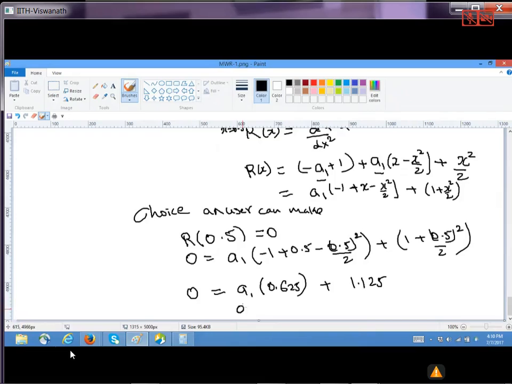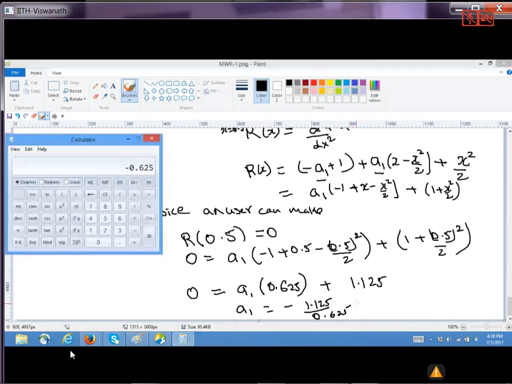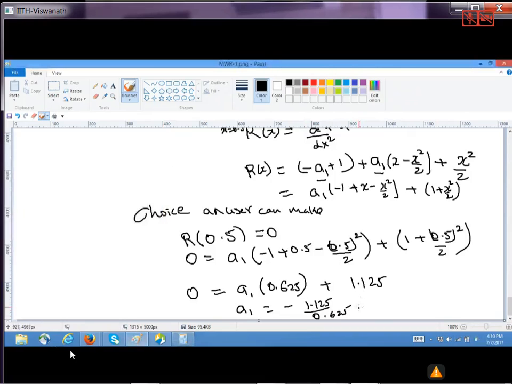That means a1 is equal to minus of 1.125 divided by 0.625, and so that gives me minus 1.8.